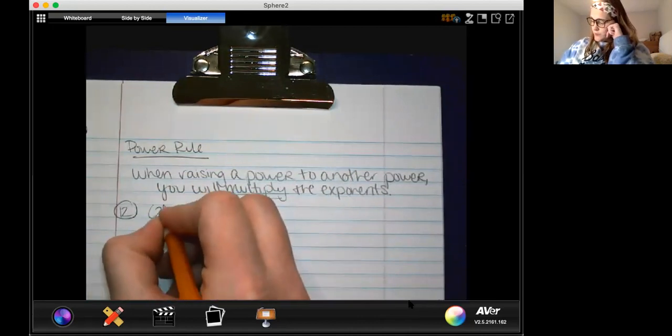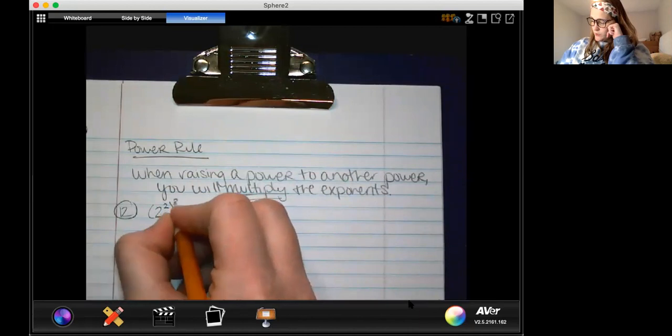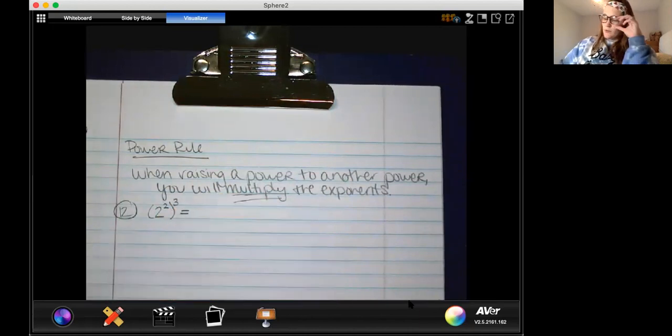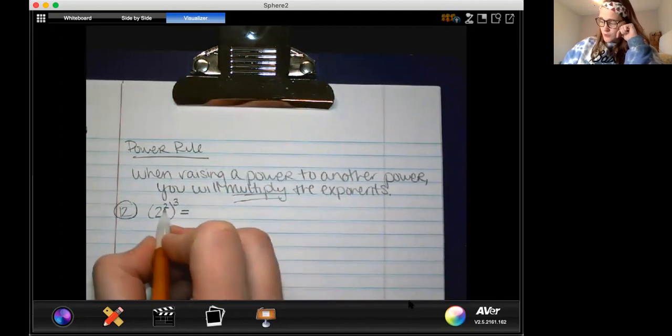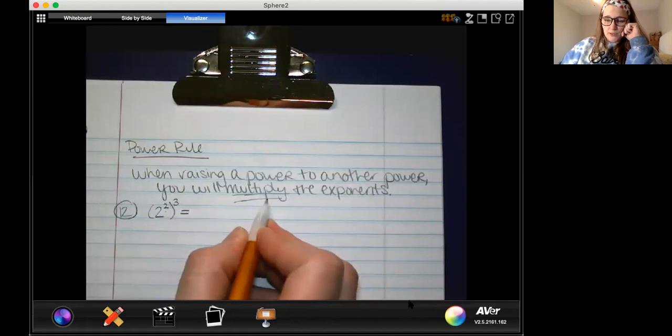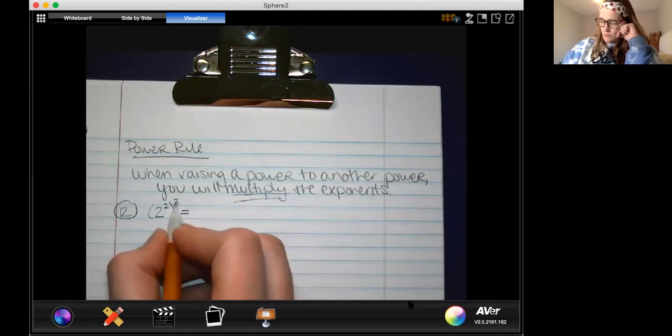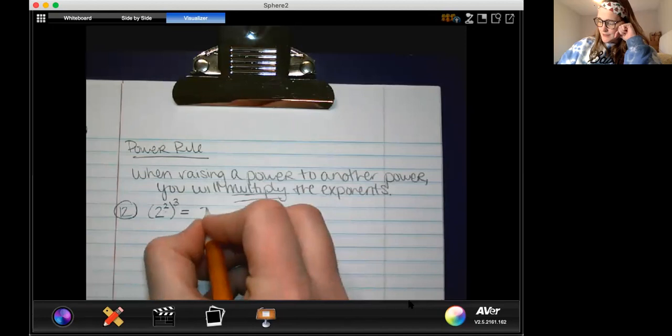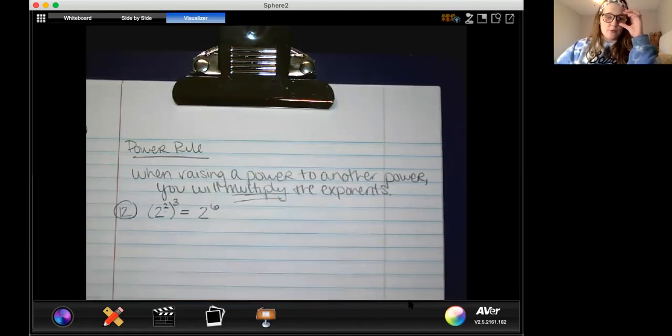So I have 2 squared quantity cubed. So I have a power to a power, an exponent to an exponent. So that means I multiply them. So 2 times 3 is 6. So that would be how I simplify a power to a power.